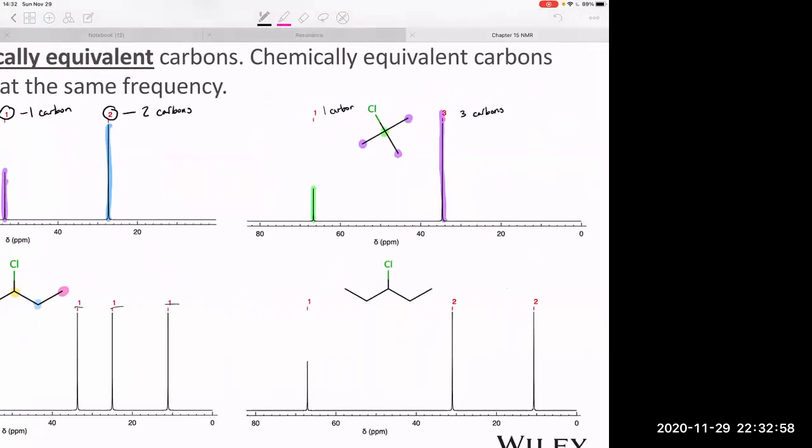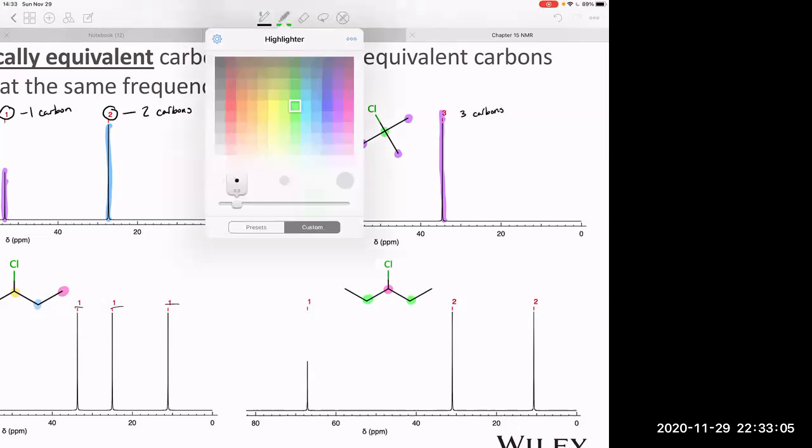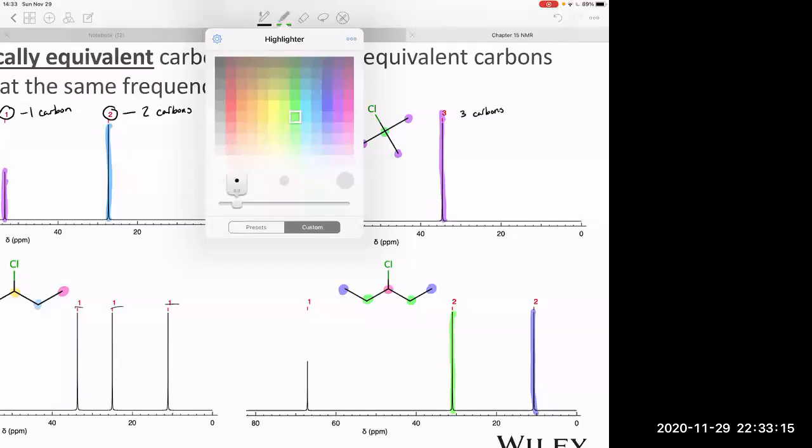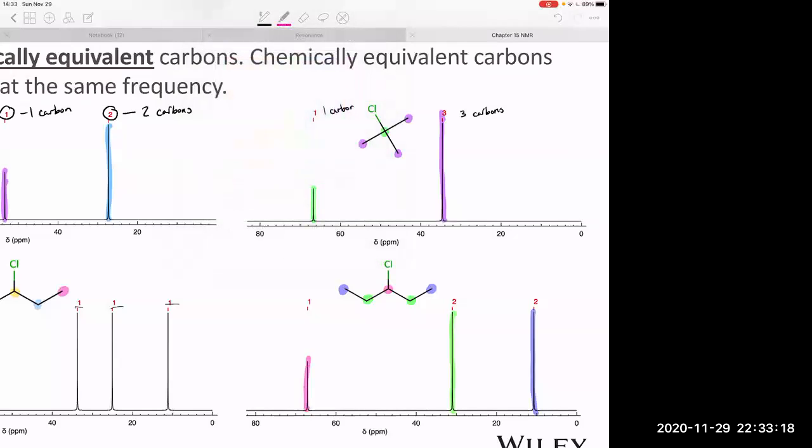All right, and then lastly, again, we said that this guy was distinct from these 2, and that's why the area under these 2 curves is twice the area of this curve, because each of these curves corresponds to 2 carbons, and this only corresponds to 1 carbon.